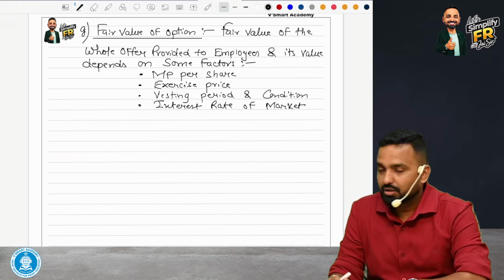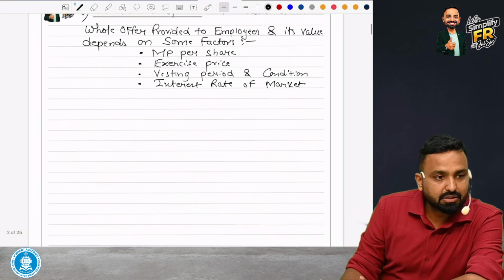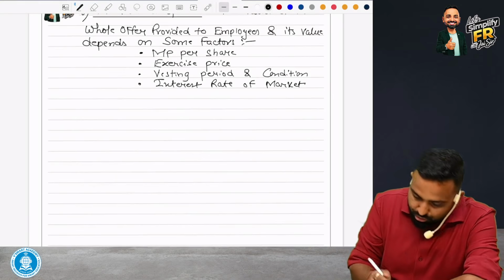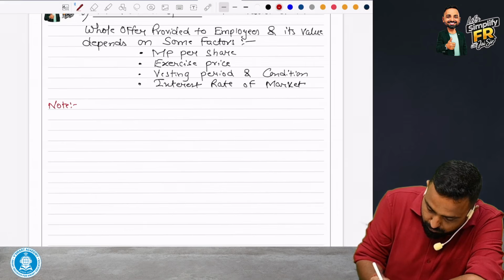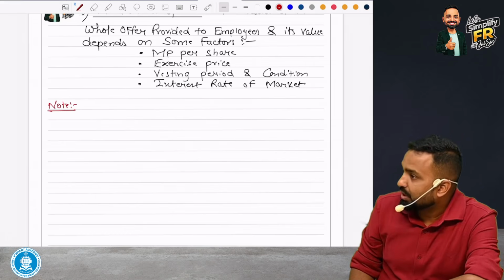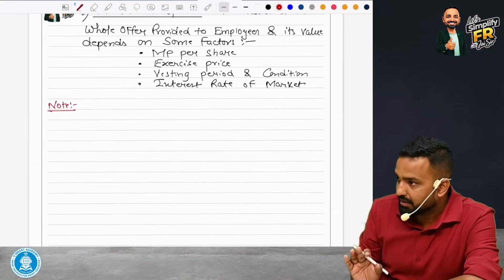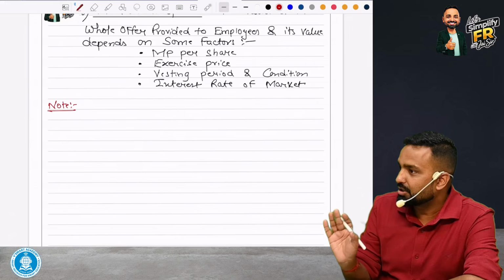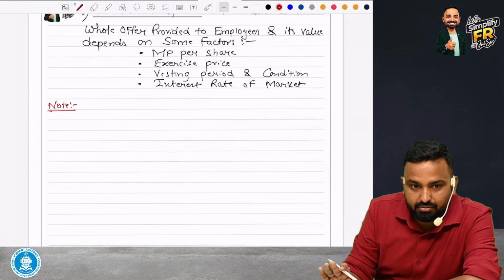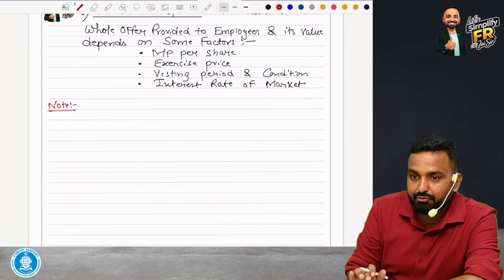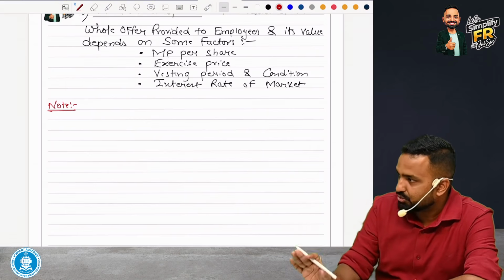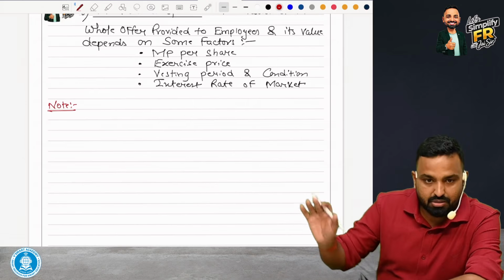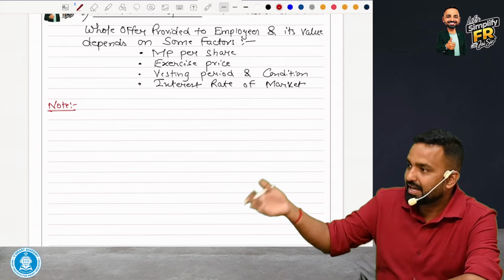Understood or not? In this chapter, the fair value of the option will be given to you. So note, I will try to write all the notes in red pen. You don't use red pen because red pen is not allowed in your exams. I'm using a different pen. You can use blue and black, but please do not use red pen. I will use it because I need to print these entire notes.